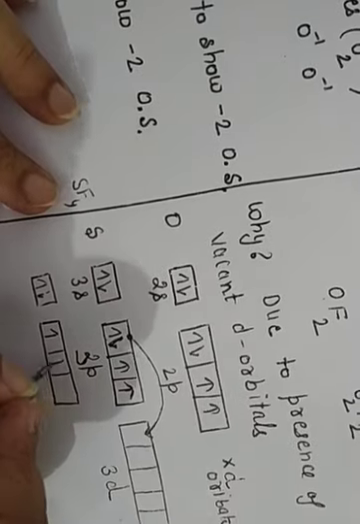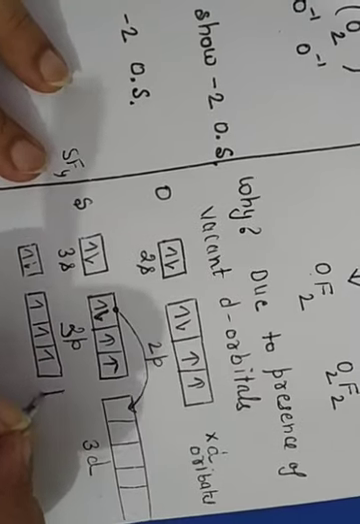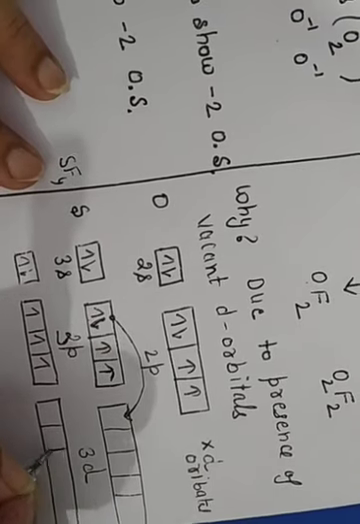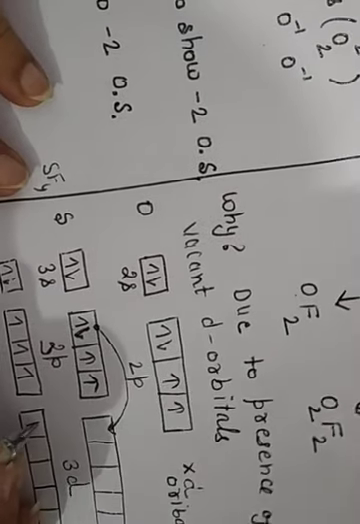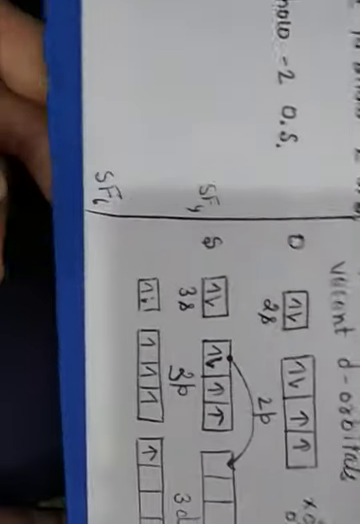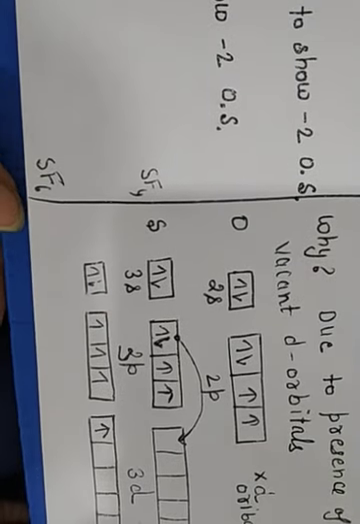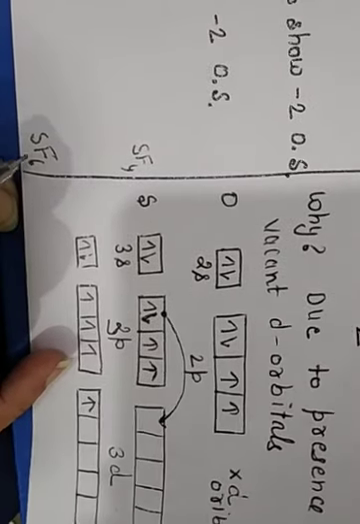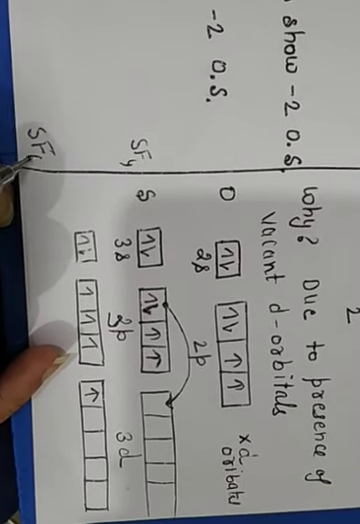This is now 1, and 1 electron from 3p jumps into 3d. Now sulfur has the tendency to form 4 bonds. But if we discuss SF6, it forms 6 bonds. For this, sulfur must have 6 half-filled atomic orbitals.